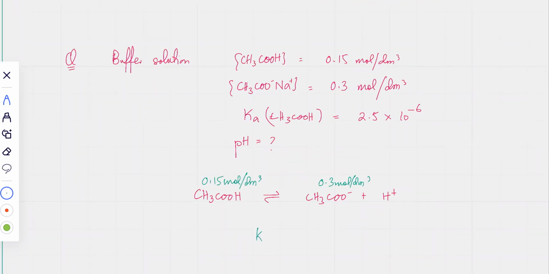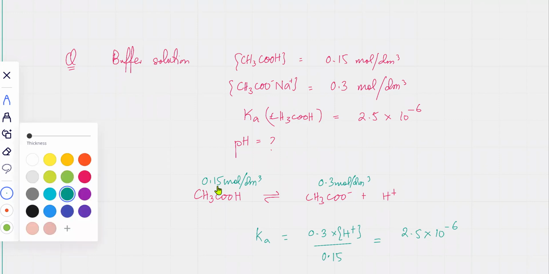Since the concentrations are given, you can write the K expression. The K expression would be the conjugate base concentration times H+ concentration. We don't know what the H+ concentration is, so it's 0.3 multiplied by H+ concentration, divided by the acid concentration, products over reactants, so that's 0.15. And the K is given, that's 2.5 times 10 to the power minus 6. So can anyone quickly tell me what is H+ in this?